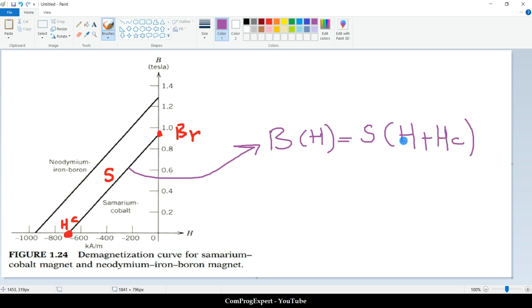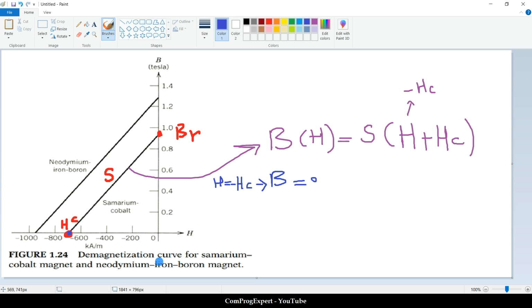When the value of the H is equal to negative HC, I considered HC a positive number, absolute value, the value of the B is 0. Correct. When the H is equal to negative HC, coercive force, the B is equal to 0, this point.